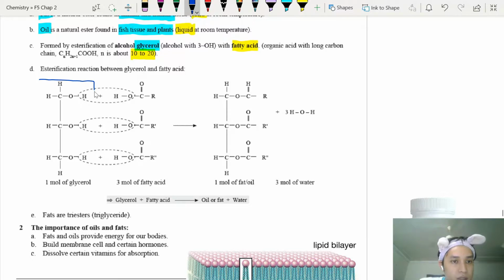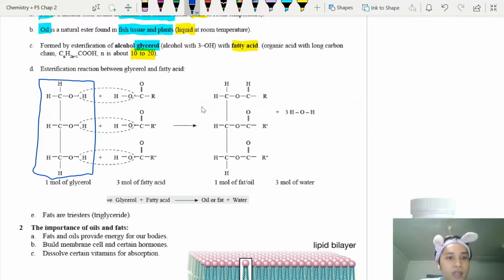This one whole big thing is one molecule of glycerol, and inside one molecule of glycerol you have 3 hydroxyl groups. Therefore, to do the esterification reaction, I need to react with 3 fatty acids, or 3 carboxylic acids, since I have 3 hydroxyl groups.